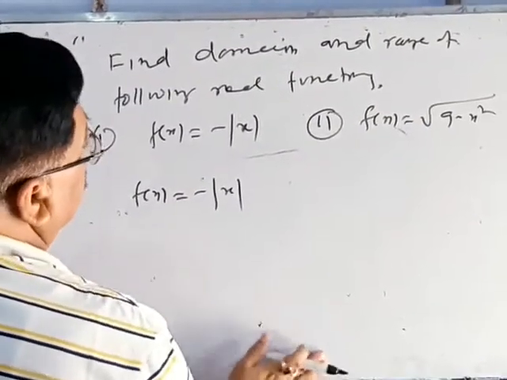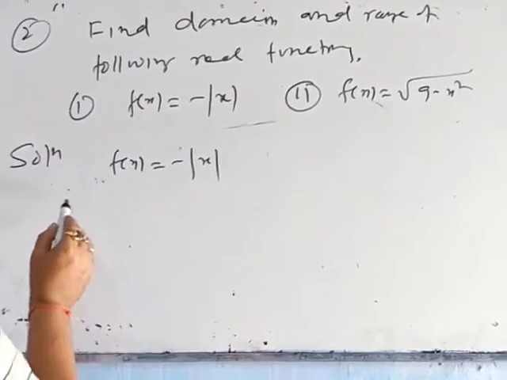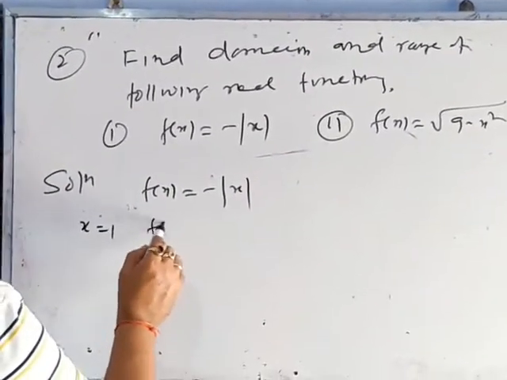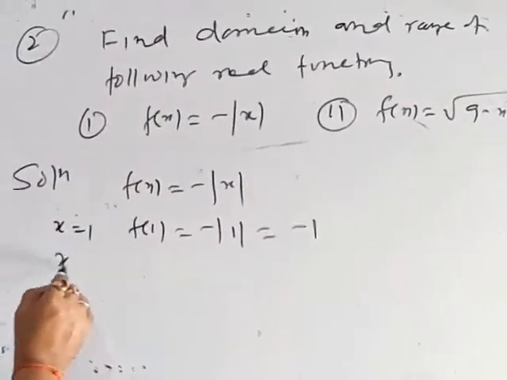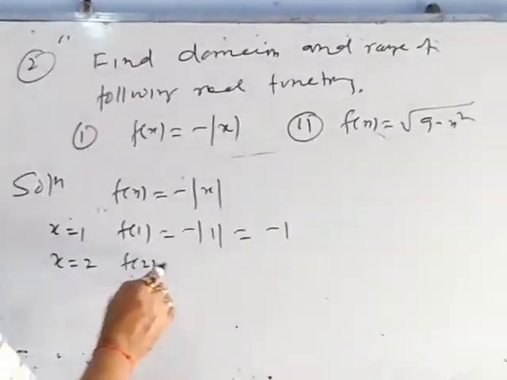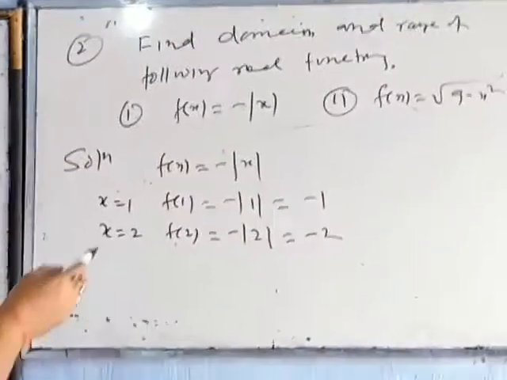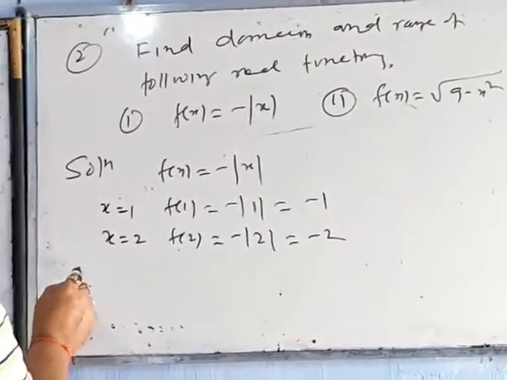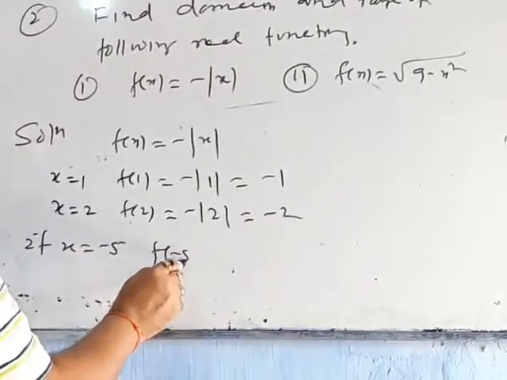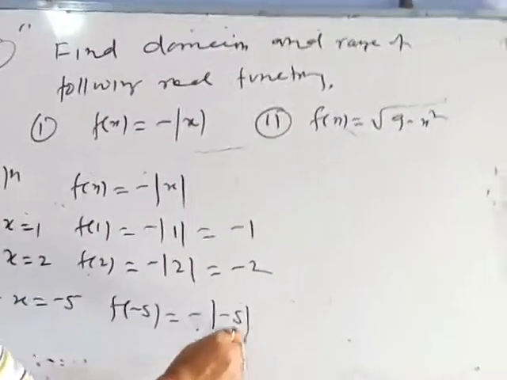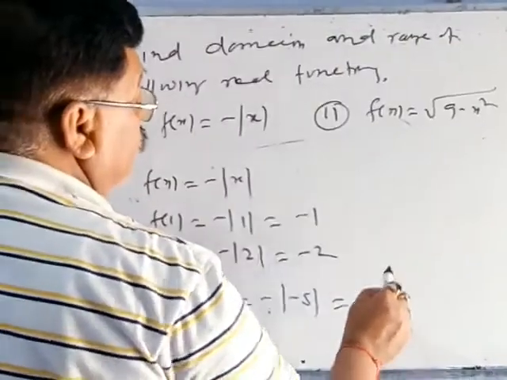So, what is the domain of this? Domain depends upon x. If x is 1, f(1) is minus 1; if x is 2, f(2) is minus 2. Similarly, if x is equal to minus 5, f(x) is minus 5.